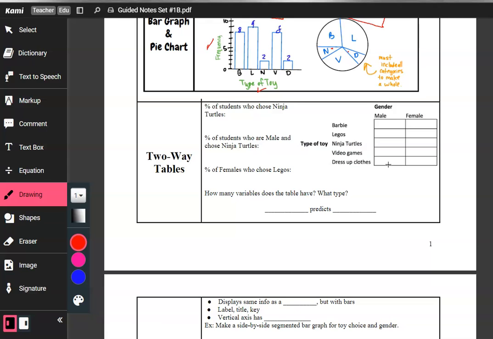This is going to be 1, 5, 2, 5, 0. These numbers are, if we were to collect these numbers in class, and we were to survey certain students, this is what we would get. So for our purpose, we already have the data here, and we're going to use this to complete our assignment.